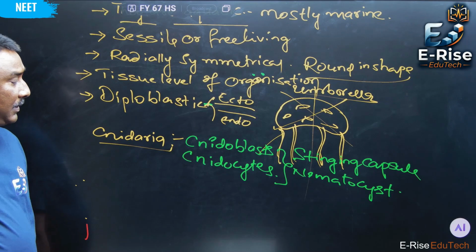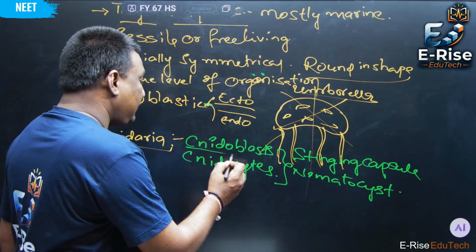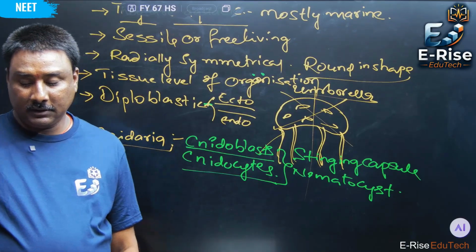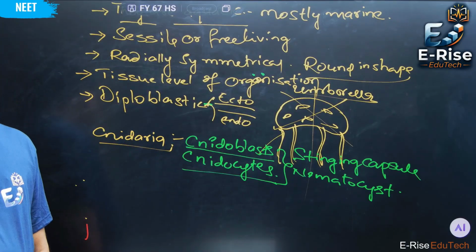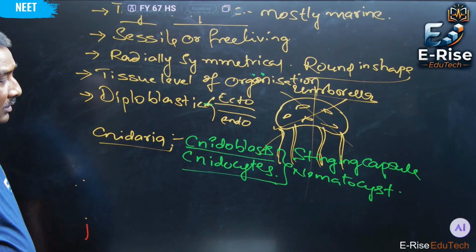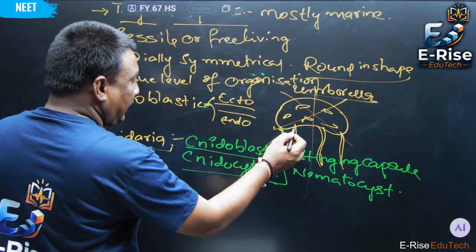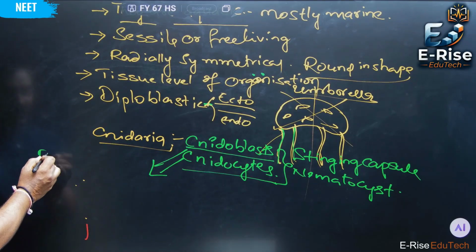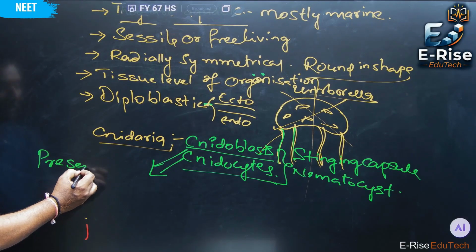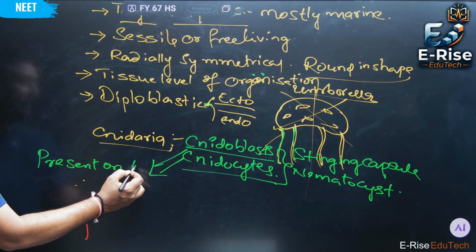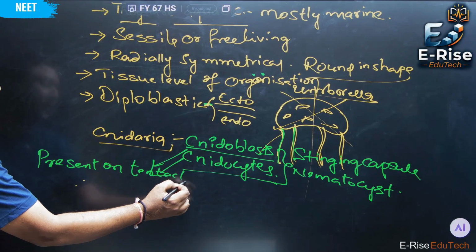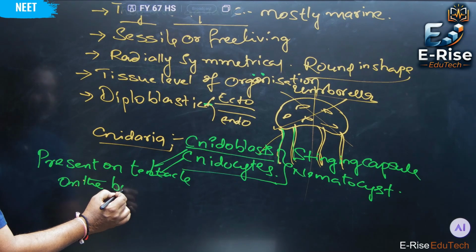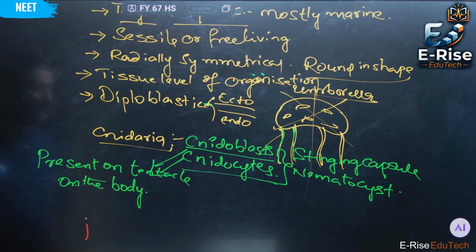Where are these cells present? They are present on the body, on the tentacles.